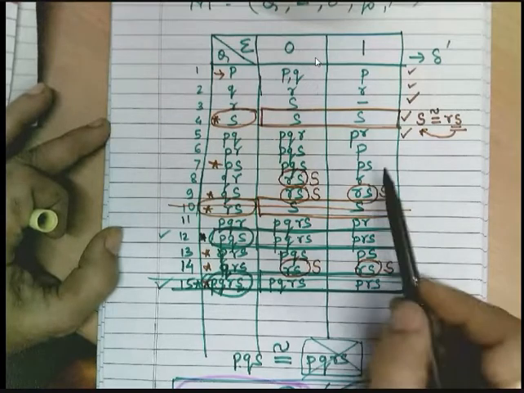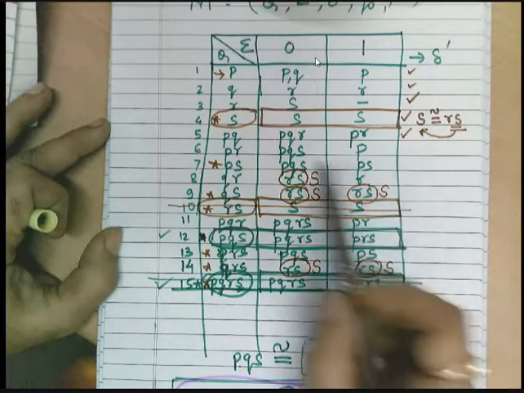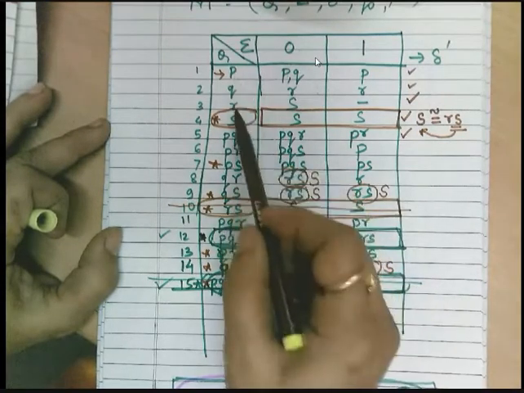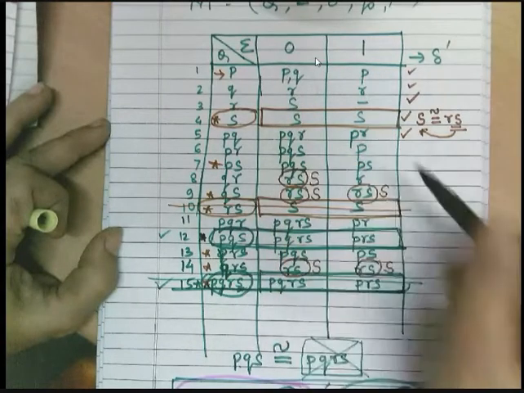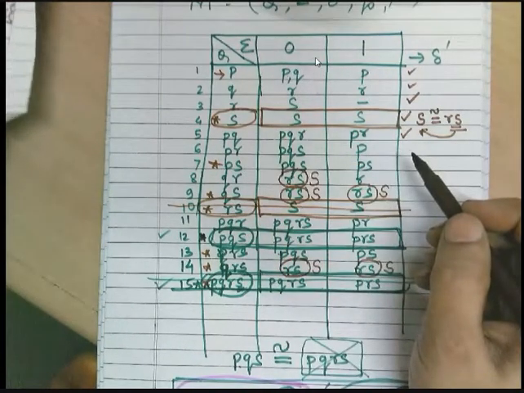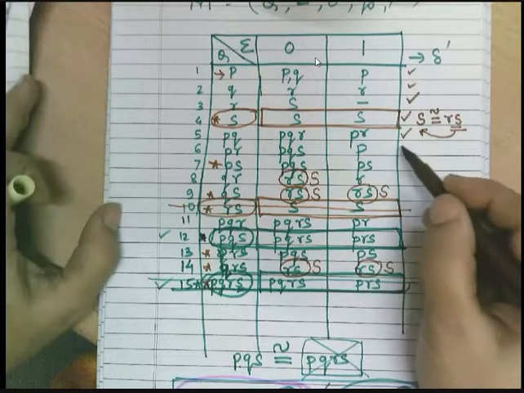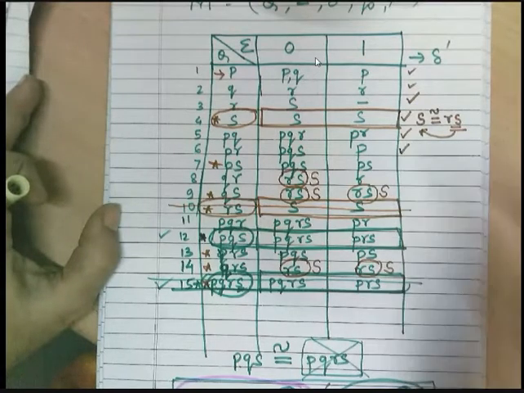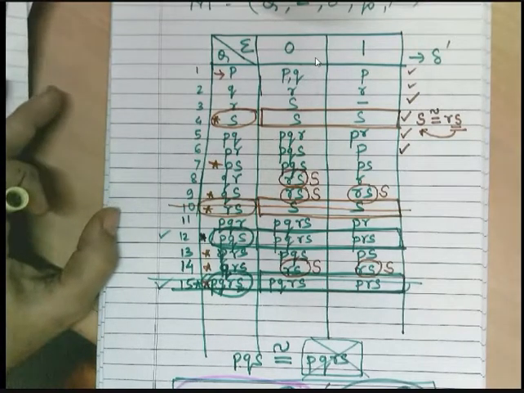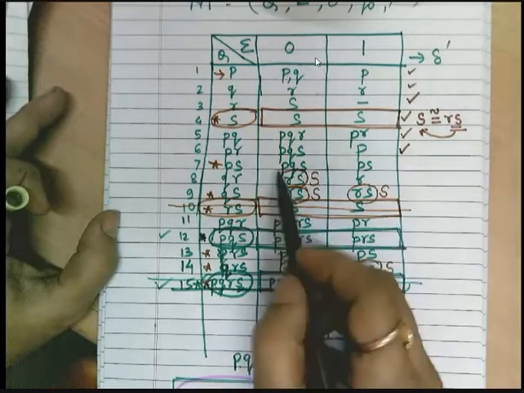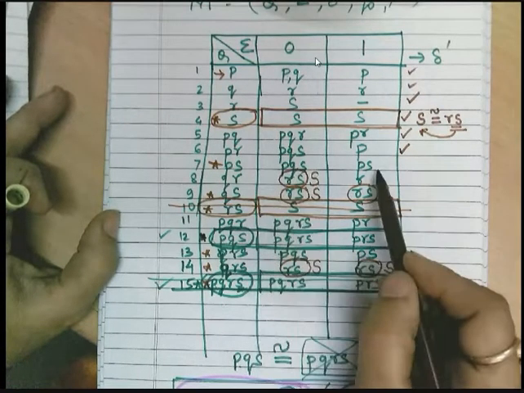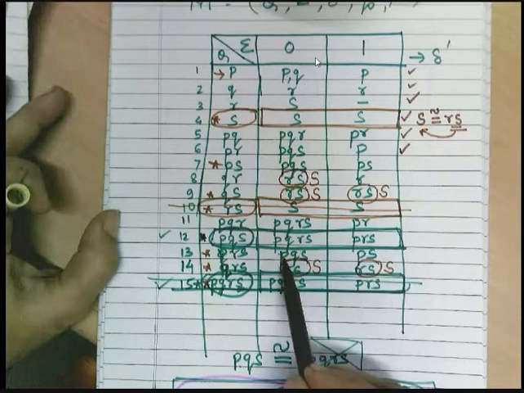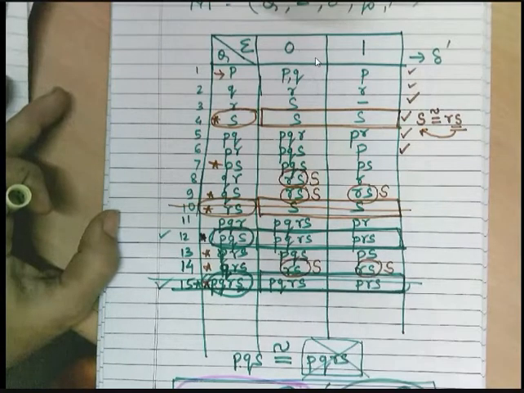It is PQS and PS. Again, you can see that there is no such equivalence for this state, so it will be included. Next, PQS and PS. Yes, somewhere we have seen it. Okay, so this is there.